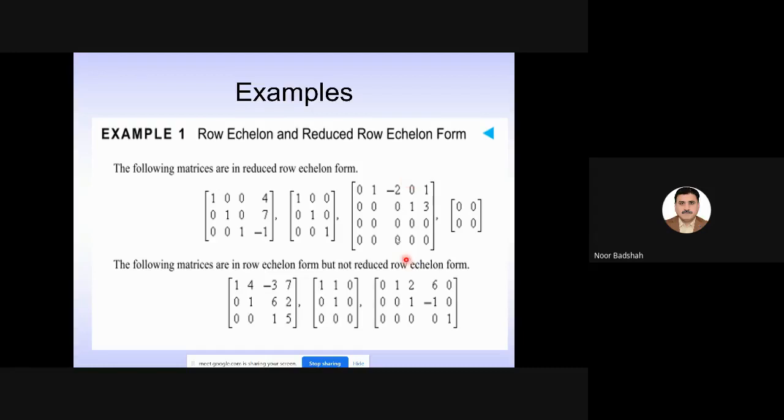We don't care about these two, because these two don't contain a pivot. The same thing, this one. There are 2 zero rows and both are at the bottom. So null matrices are also in reduced echelon form. Okay.